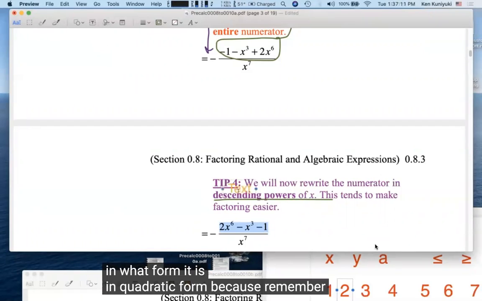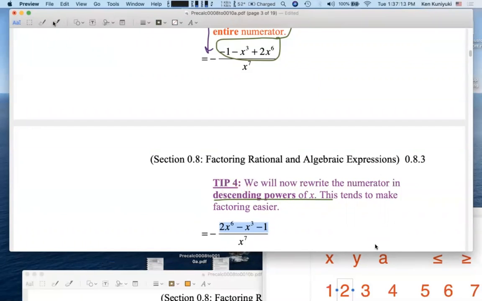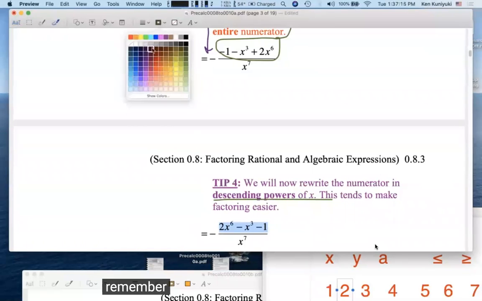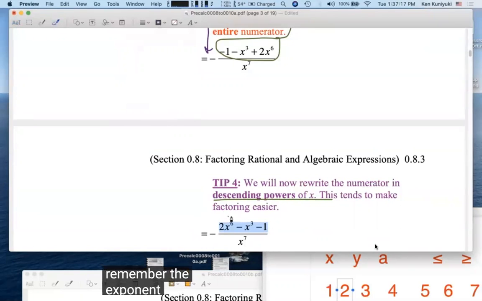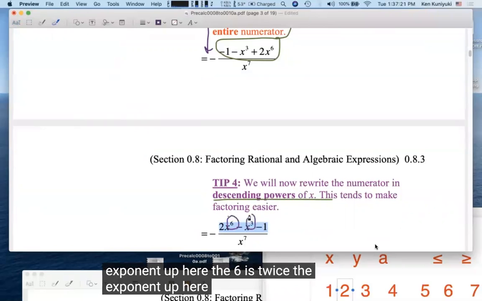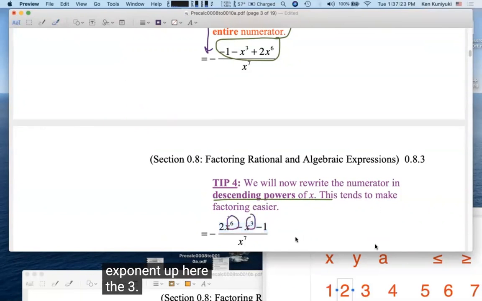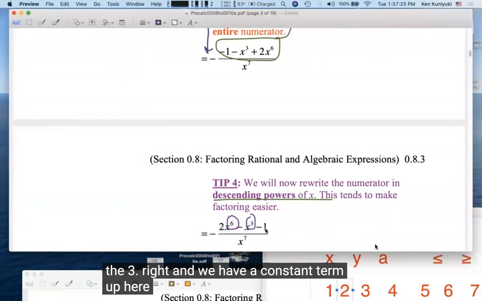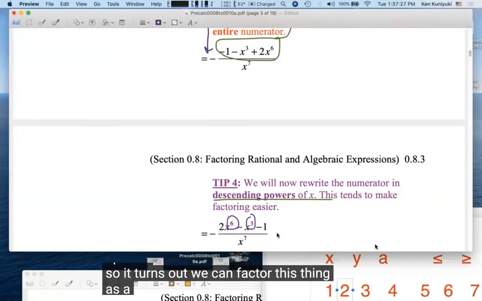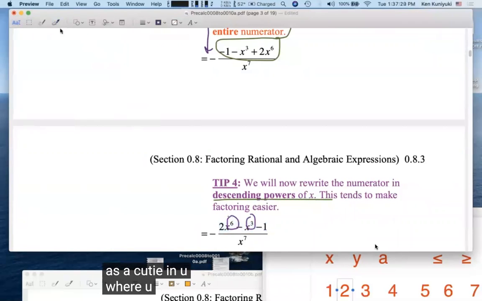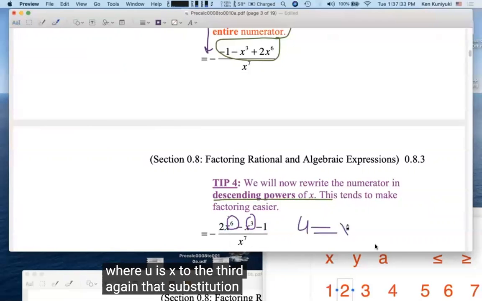Because remember, the exponent up here, the 6, is twice the exponent up here, the 3. Right? And we have a constant term up here. So it turns out we can factor this thing as a QD in u, where u is x to the 3rd. Again, that substitution is optional.